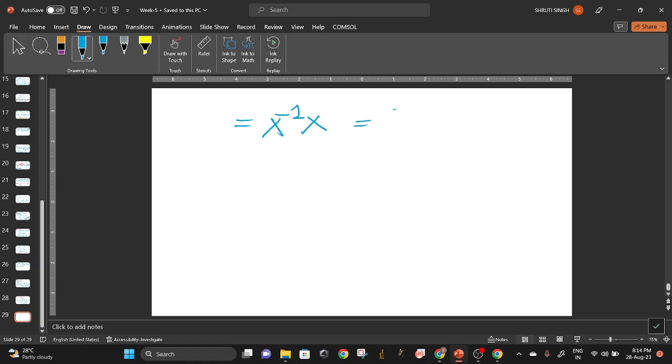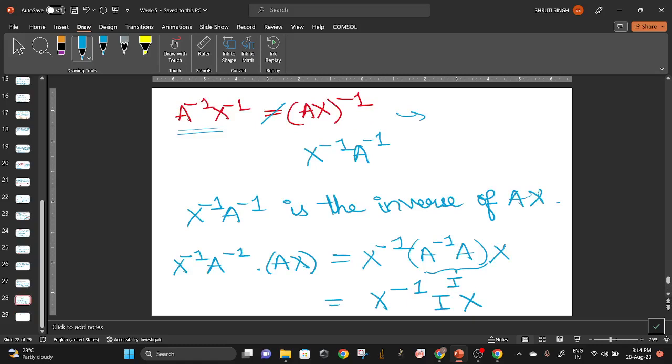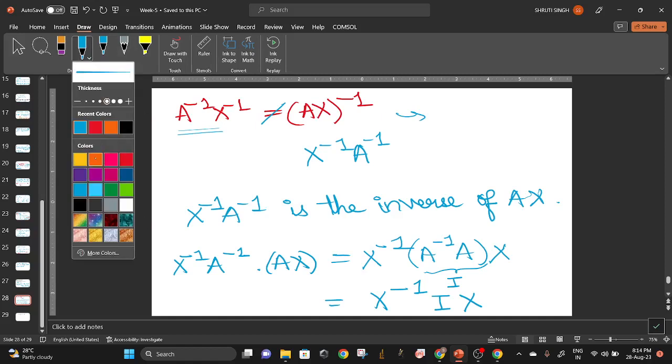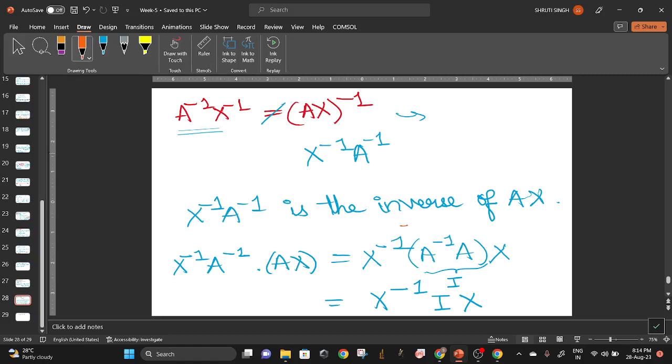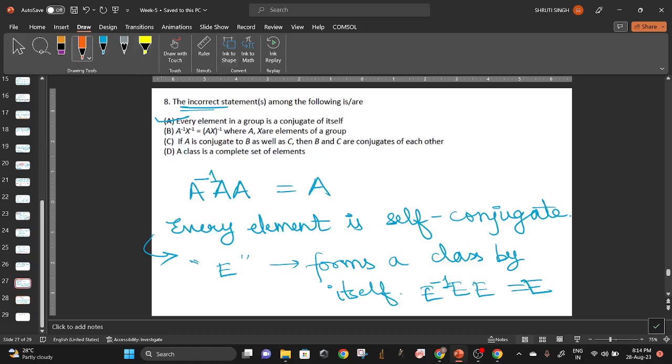X inverse X, again it is identity. So it is true that the inverse of AX is X inverse A inverse and not A inverse X inverse. So the incorrect statement is this one. This is the wrong one.